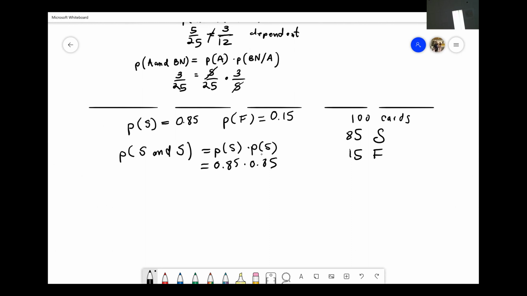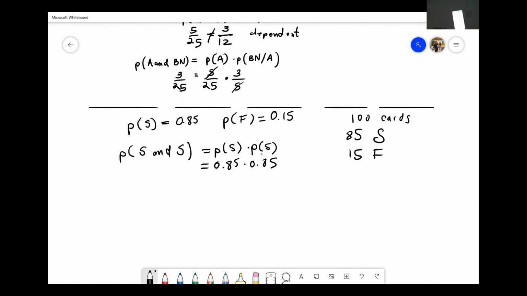You see that? So what if I played this same card game we've been playing with the 52 cards, but I have 85 cards that are S's and 15 cards that are failures, F's, and I ask you, what's the probability of success and success? With replacement, because the first surgery has nothing to do with the second surgery. So we pick the first card, S, put it back in. What's the second? S, right?